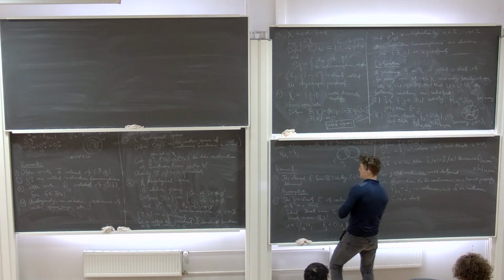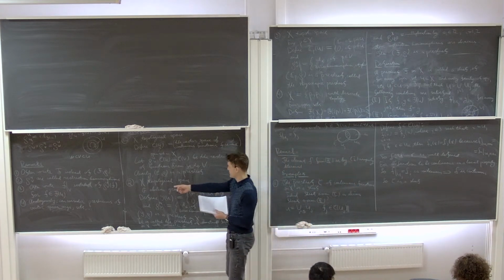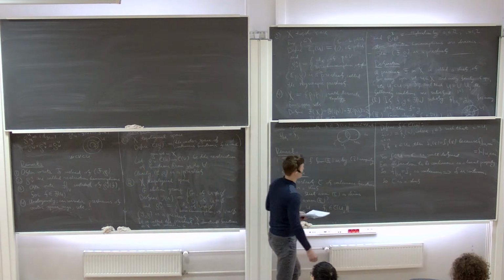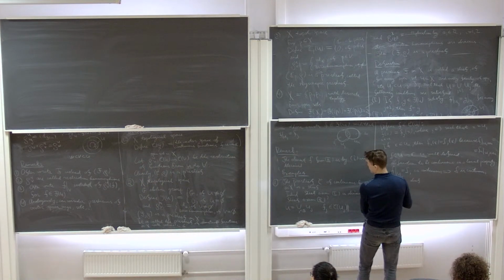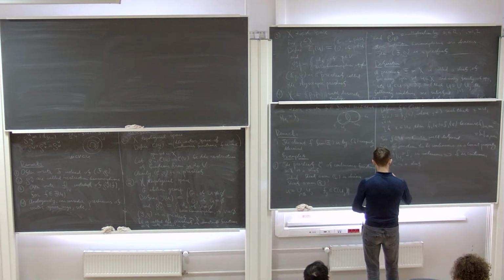The second example is the pre-sheaf of constant functions, and of course it's not in general a sheaf.